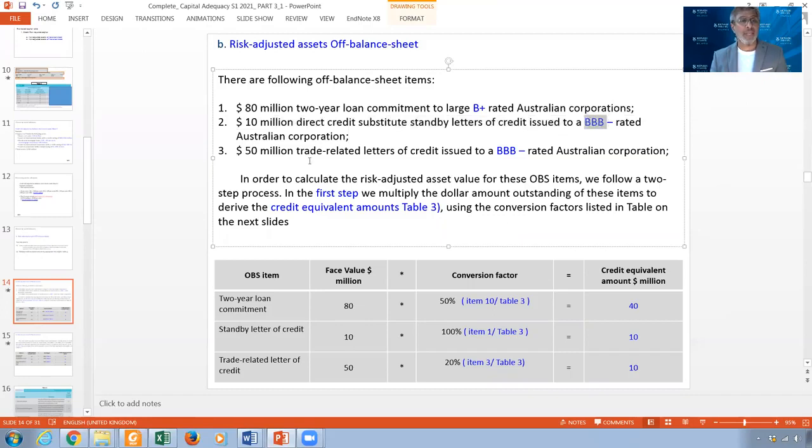And then we have 50 million of trade-related letters of credit, and we talked about this in week 10 on the non-market related. All of them are off balance sheet. Now, in order to do this, we first have to bring the 80 million.